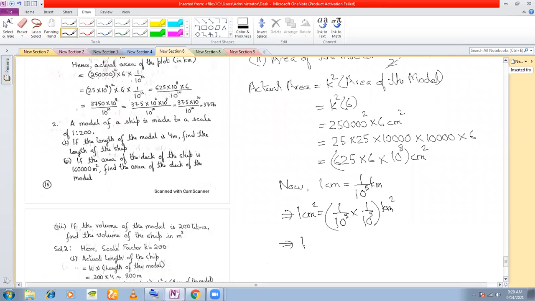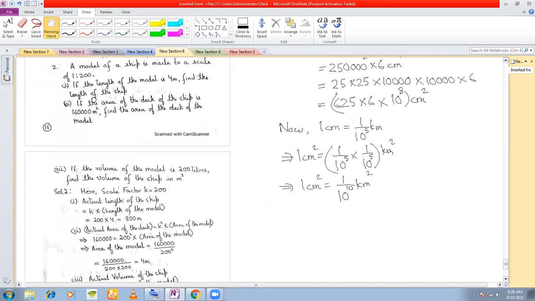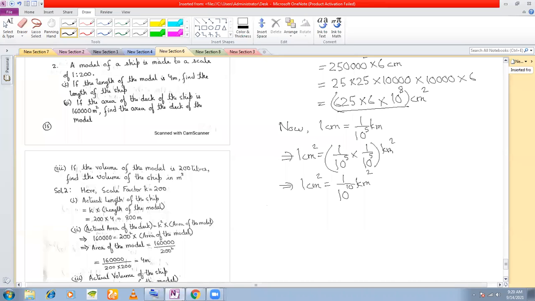That means 1 centimeter square is the same as 1 by 10 to the power of 10 kilometer square. Now you can put this value here. That means 625 into 6 into 10 to the power of 8 centimeter square is equal to 1 by 10 to the power of 10 into 625 into 6 into 10 to the power of 8 kilometer square.